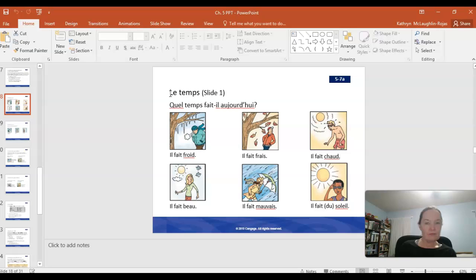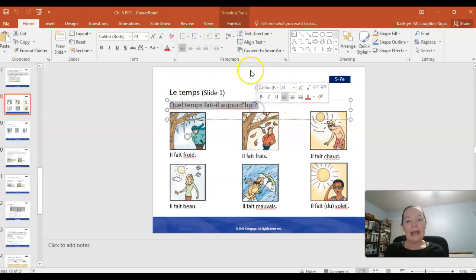And so the first question that we see up here at the top is Quel temps fait-il aujourd'hui? Let's break that down word by word. Quel is which. Temps, weather, so which weather.